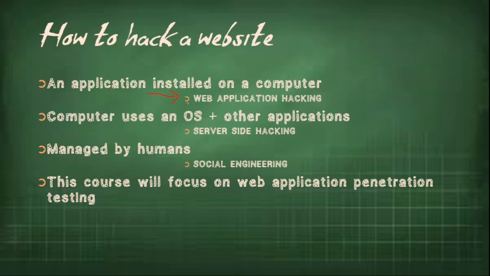The other way of gaining access to a website is attacking the computer itself. Let's say your target was facebook.com and you couldn't get in. You couldn't find an exploit in the web application or database itself. You tried everything possible that we will talk about later on. Then your other option would be to exploit the programs installed on that computer, because we said a website is installed on a normal computer just like our home computer.